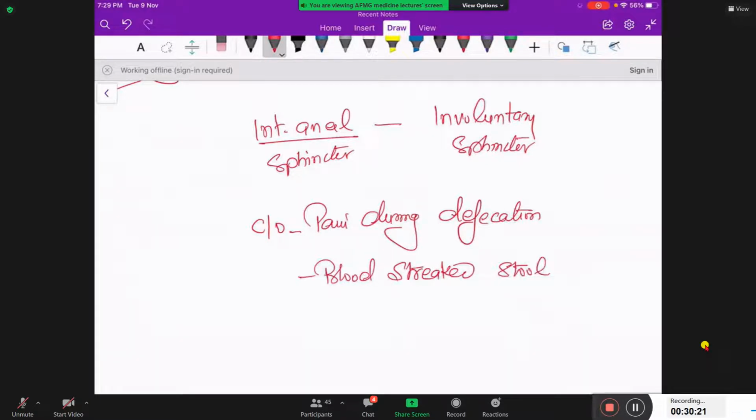What is blood streaked stool? The wall of the fecal matter will have a lining of blood on it. It's called blood streaked stool. Right? Patient can have pipe stem stools also.